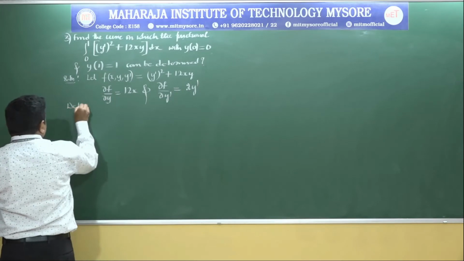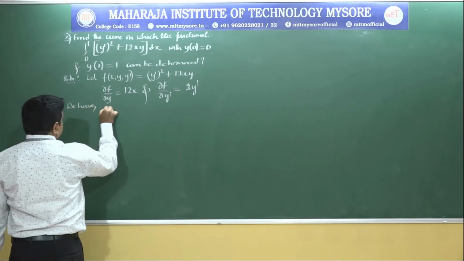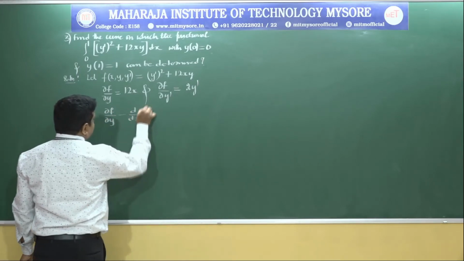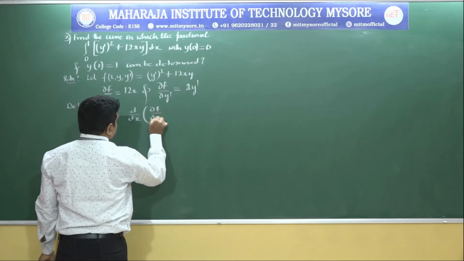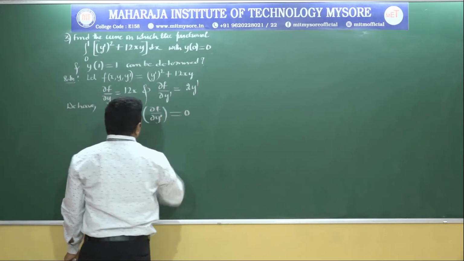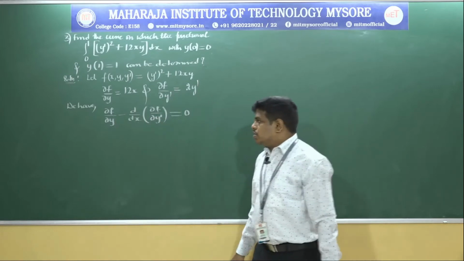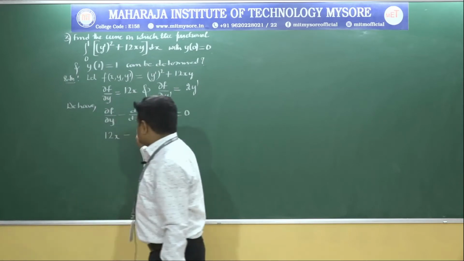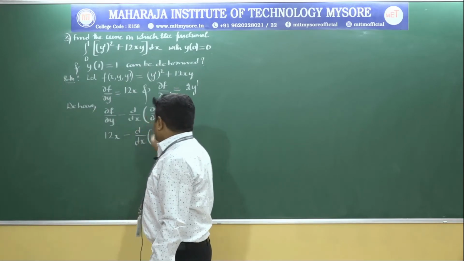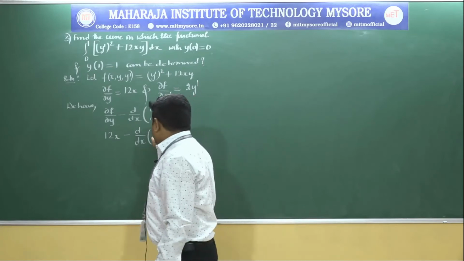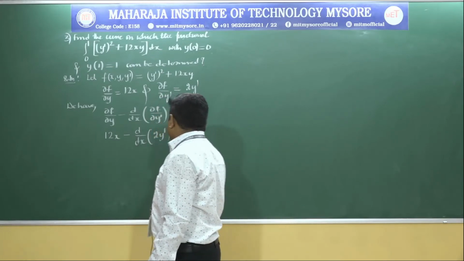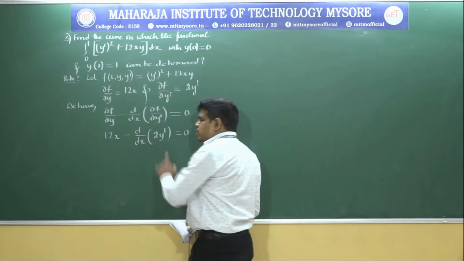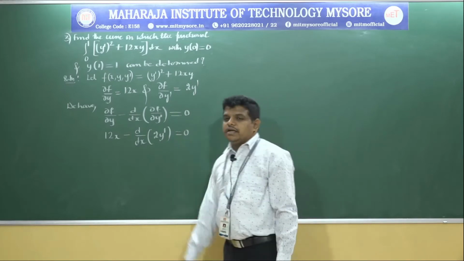Next, by Euler's equation, we have dou f by dou y minus d by dx of dou f by dou y dash equals 0. This is the expression for Euler's equation. Now, dou f by dou y is 12x minus d by dx of dou f by dou y dash, which is 2y dash, equals 0. Since we have 12 and 2 here, you can divide the entire equation by 2.